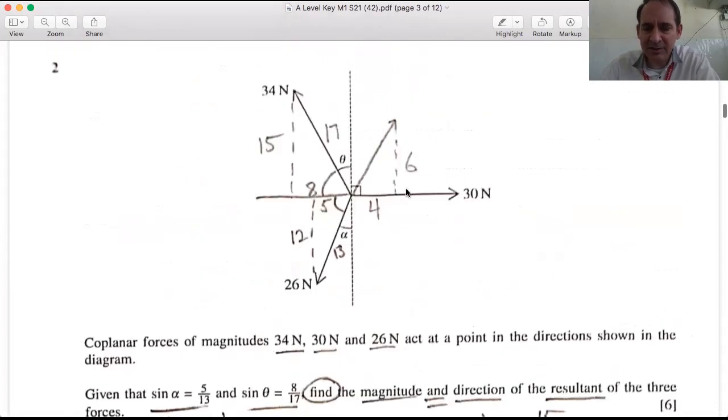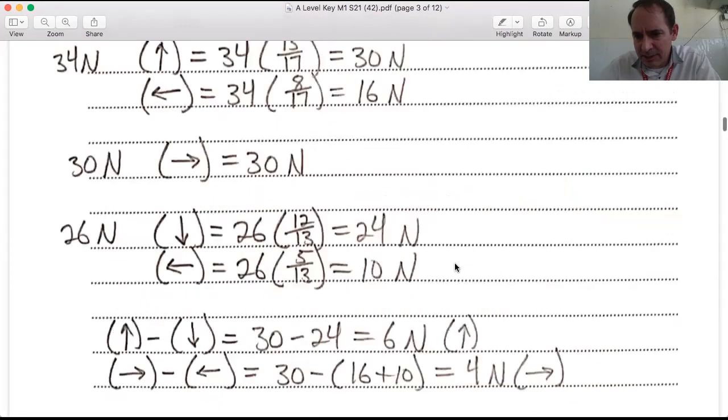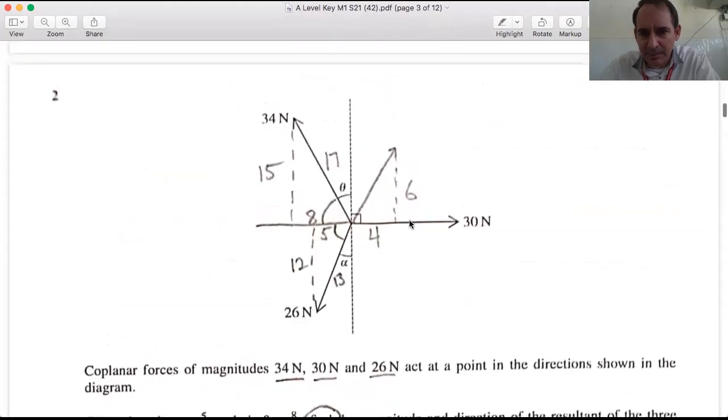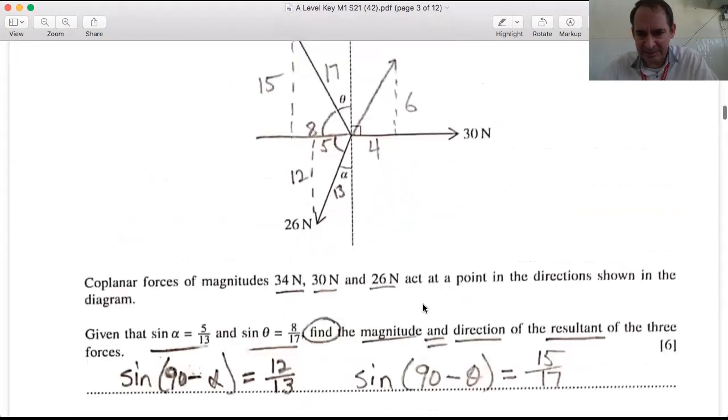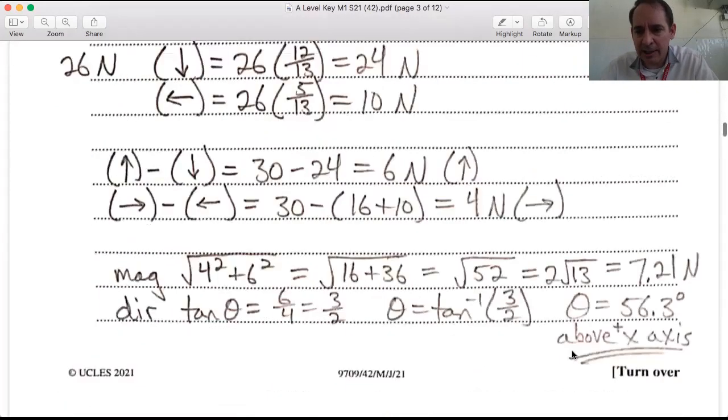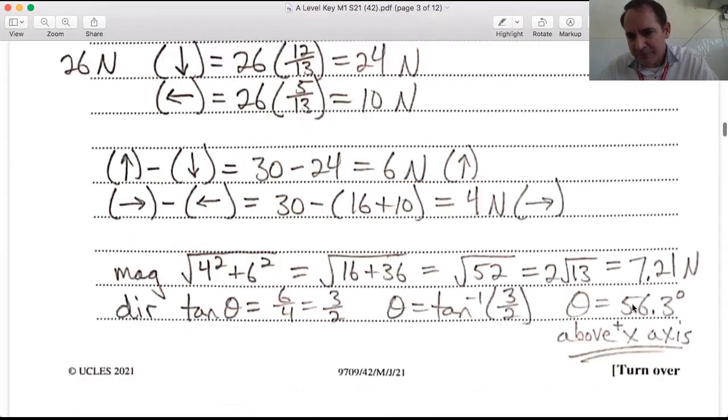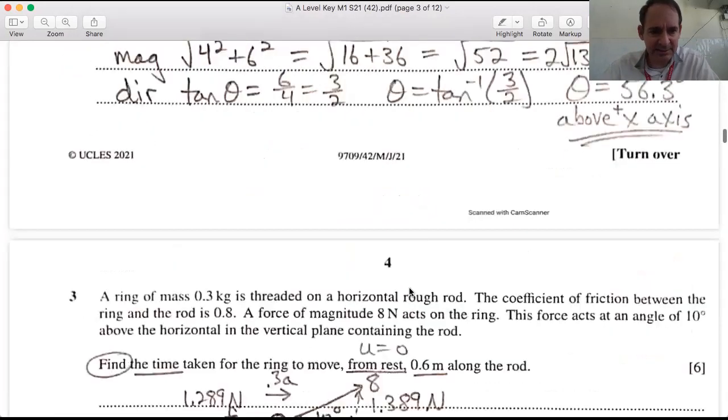So it's 56.3 degrees above the positive x-axis. If you were in the second quadrant, it would be above the negative x-axis. If you're in the third quadrant, it would be below the negative x-axis. And if you're in the fourth quadrant, below the positive x-axis. So make sure you're clear on your direction. 56.3 degrees above the positive x-axis.